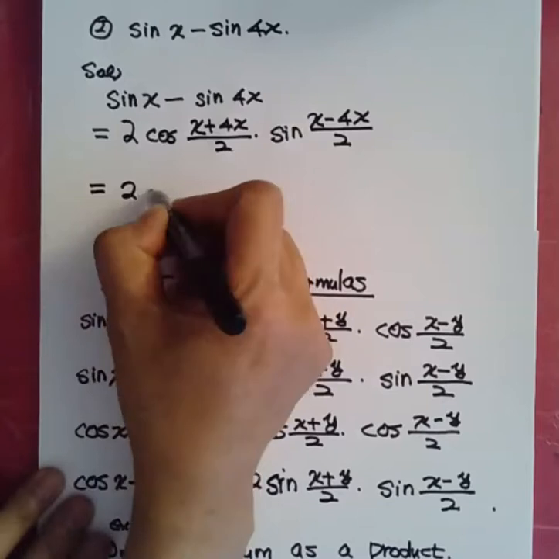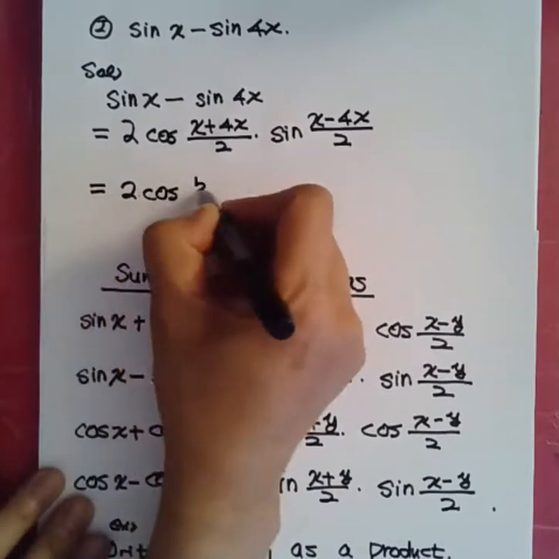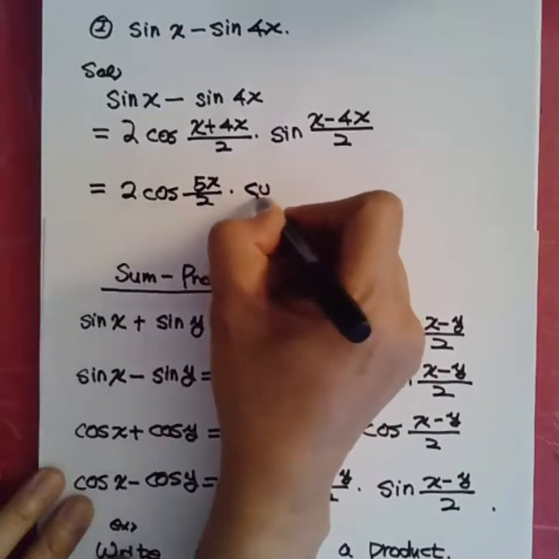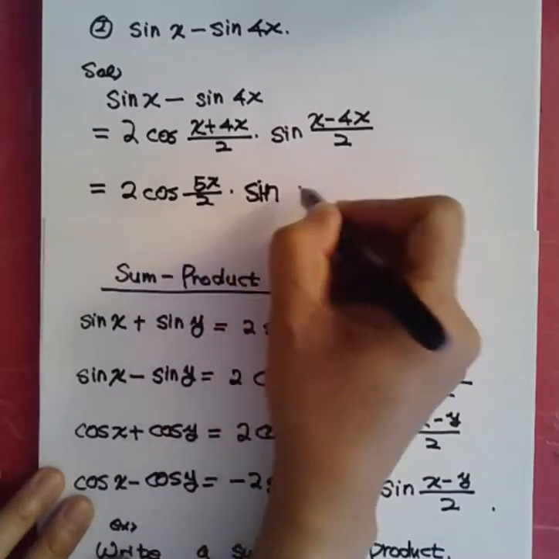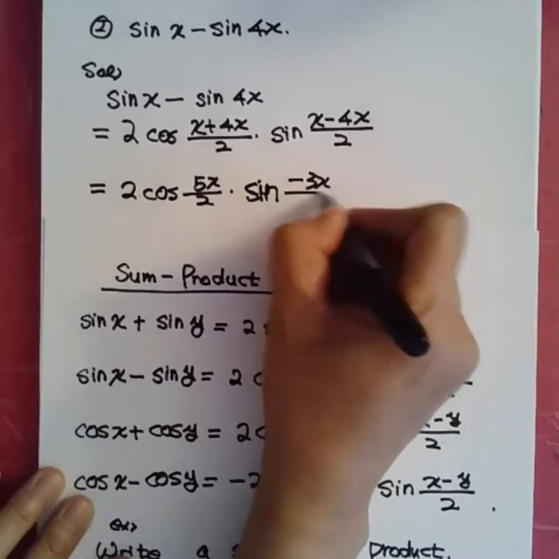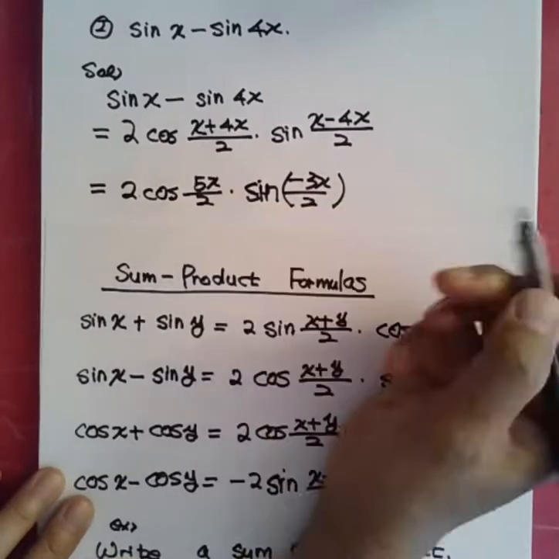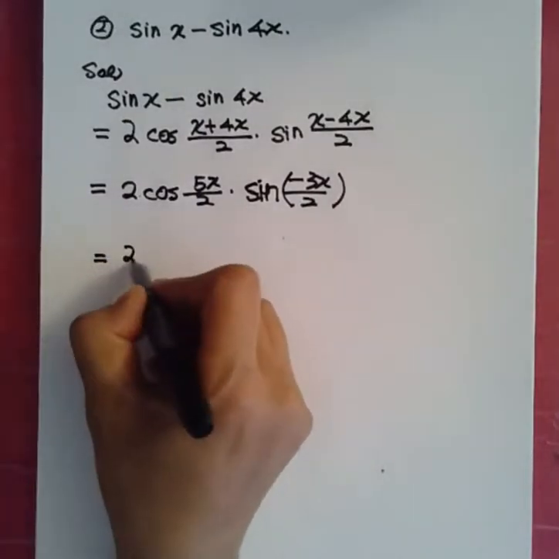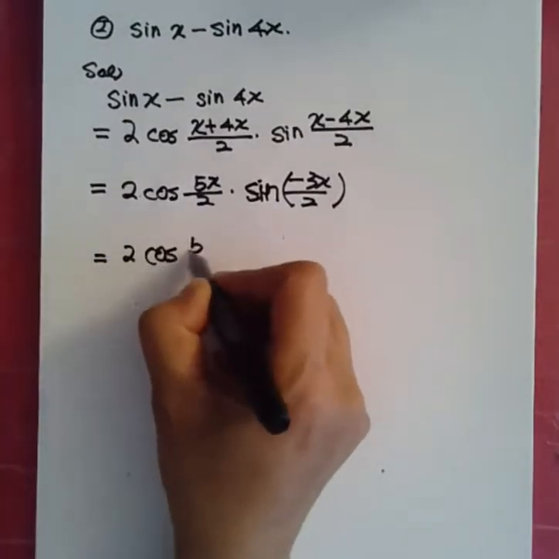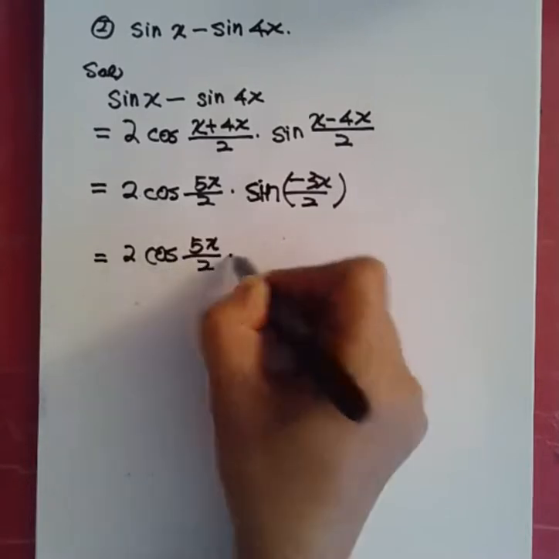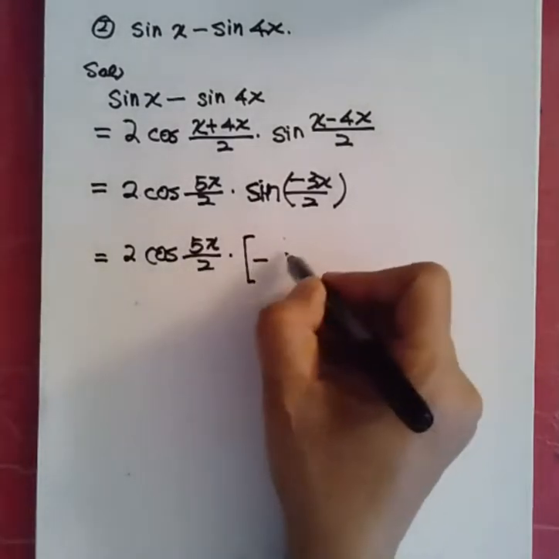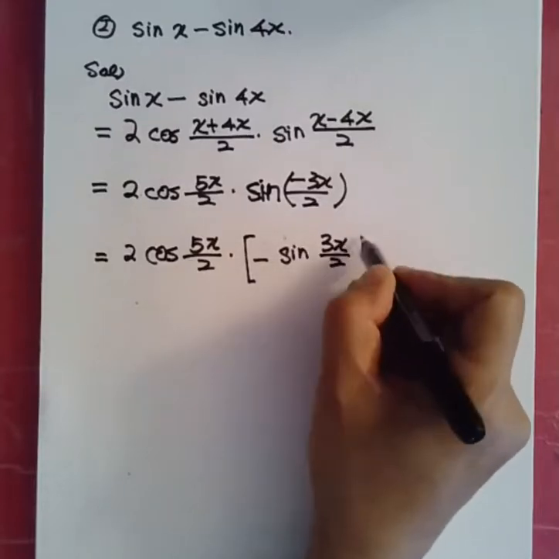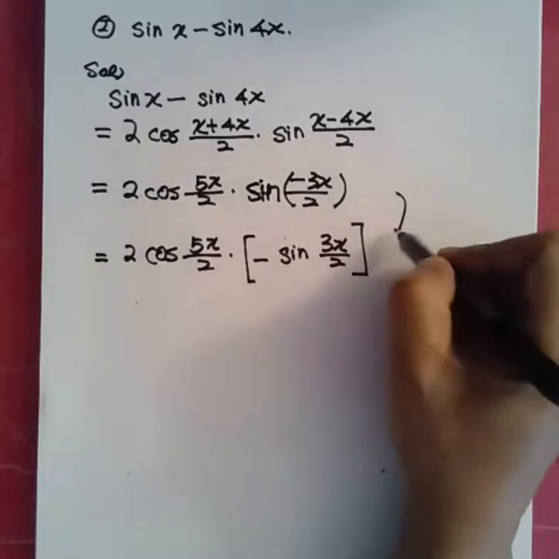Then it becomes 2 times cosine of 5x over 2 times sine of minus 3x over 2. Sine is an odd function, so that is minus sine of 3x over 2.